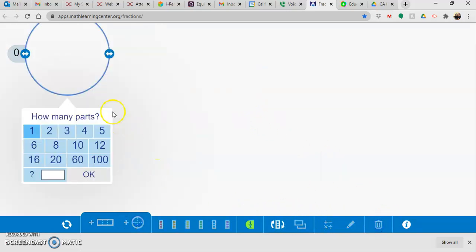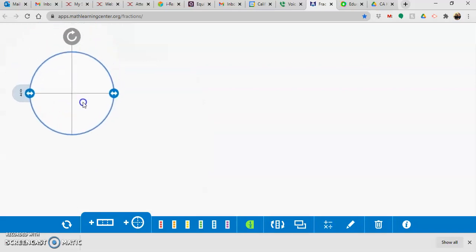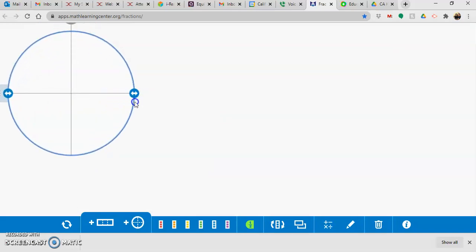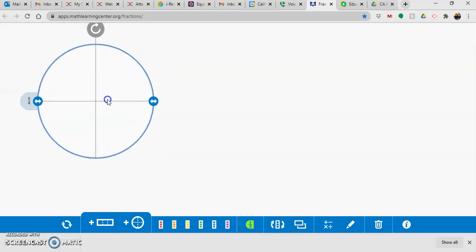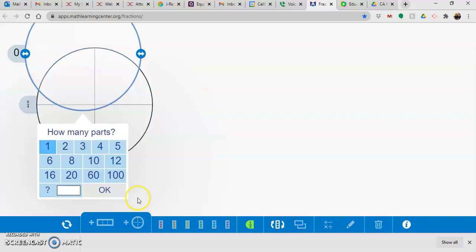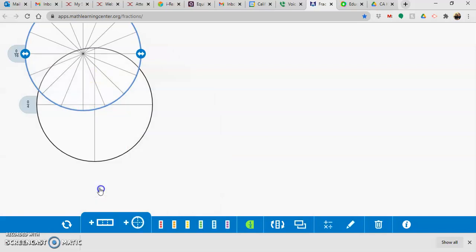Let's use circles. Let's take a denominator of, I don't know, 3. How about 4? Make a nice large circle right there. And we'll add another circle and we'll say 16.